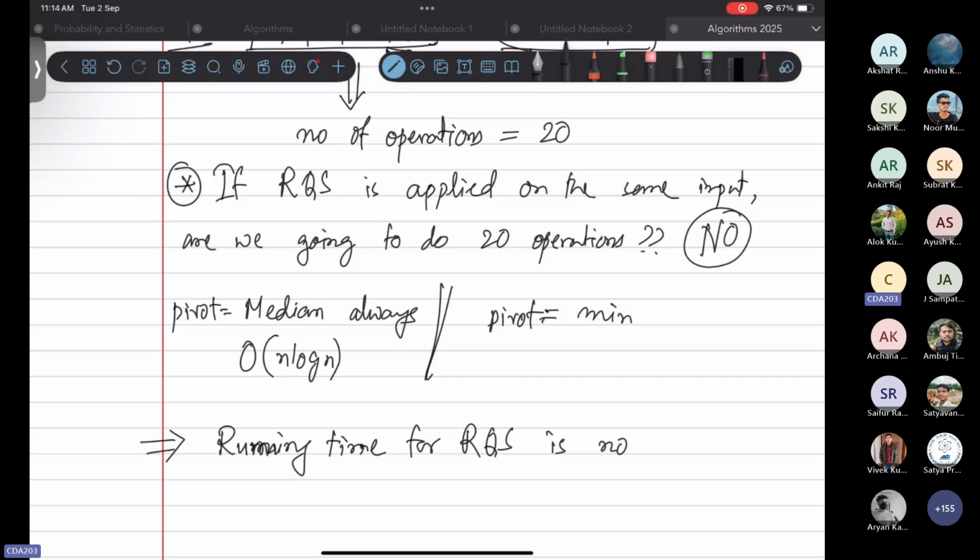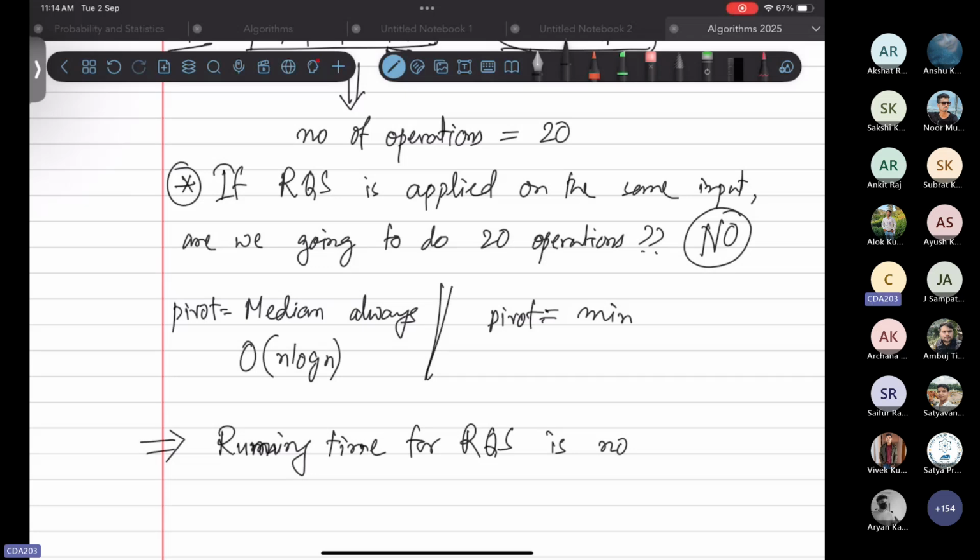It depends on the choices of pivot element, and since it depends on those choices, it's not fixed. It's a random quantity.